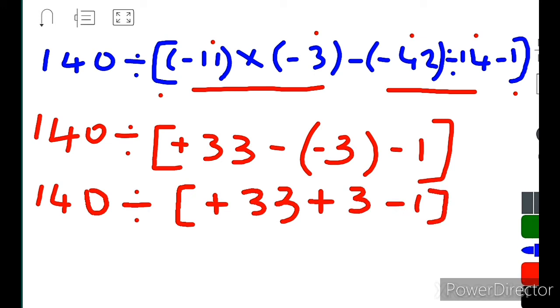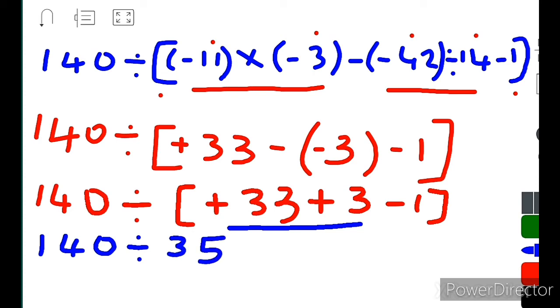Understanding? Now addition sums come first. So 140 divided by, plus 33 will give you the answer 36. 36 minus 1 will give you the answer as 35. Now all the brackets and all the addition and subtraction have been done. Now we will solve. 140 divided by 35 will give you the answer 4.